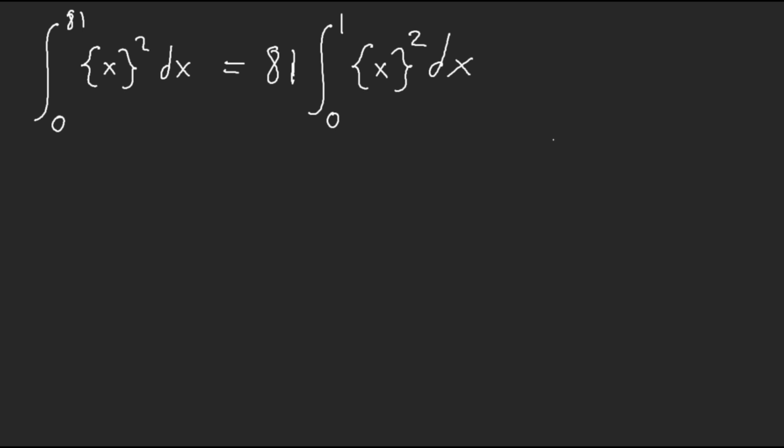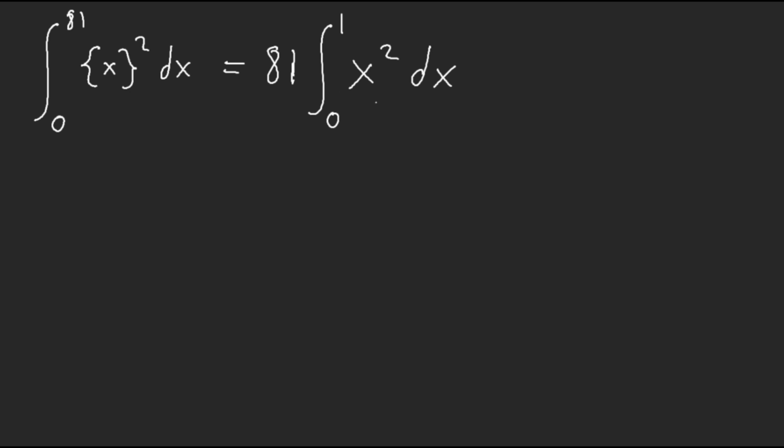Okay. So now that we've simplified our bounds, you can take away the fractional part, and now this is exactly what it equals. And now you can go ahead and integrate. So thanks to periodic functions, you can do this.